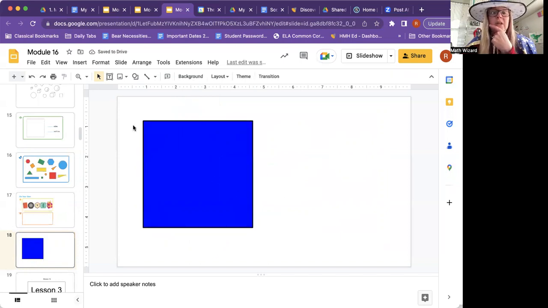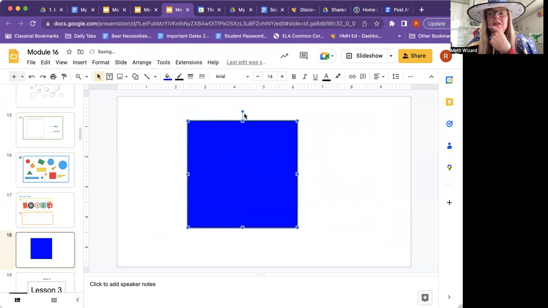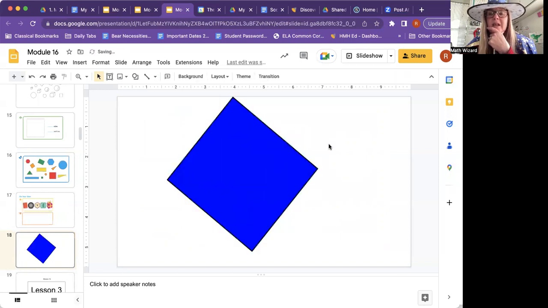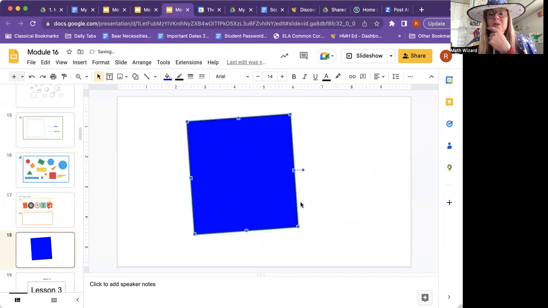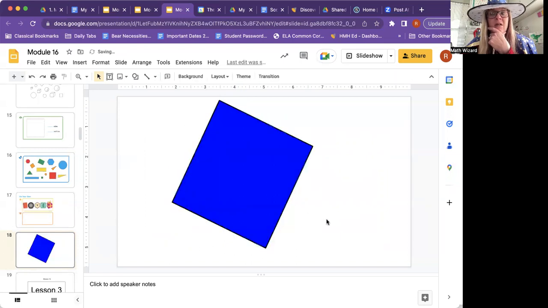It has 4 equal sides and it has 4 corners, right? Now, I'm not doing anything to this square except I'm rotating it. I'm moving it. Is it still a square? Yeah. I mean, it kind of looks like a diamond, right? But does it matter which direction it is? It's still a square, right?